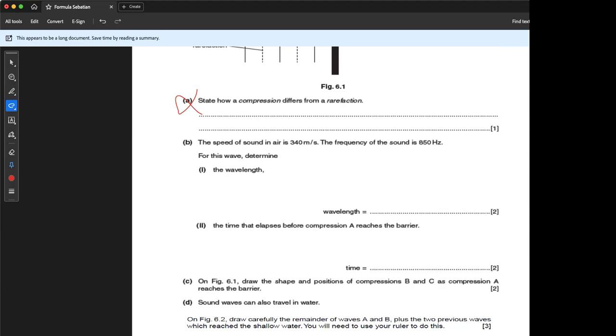I don't know if that is true. That's the wrong formula. Yes, this is the wrong drawing. Yeah, speed equals distance over time formula.